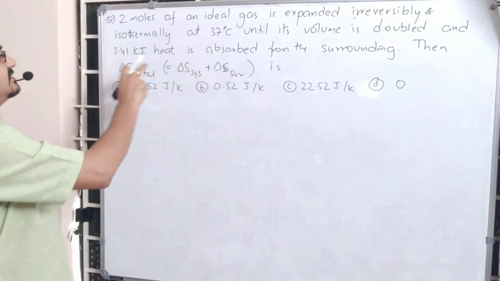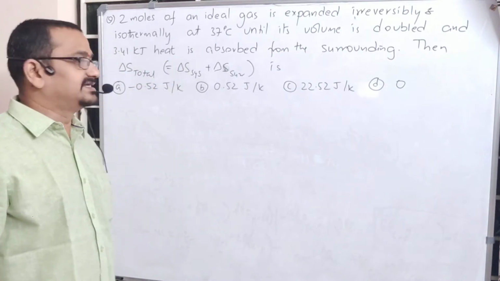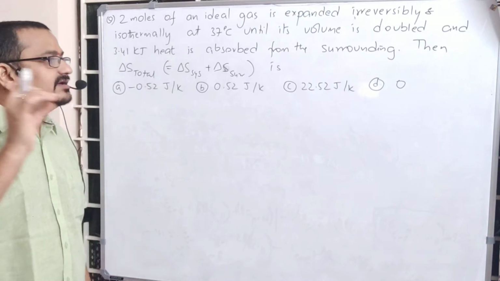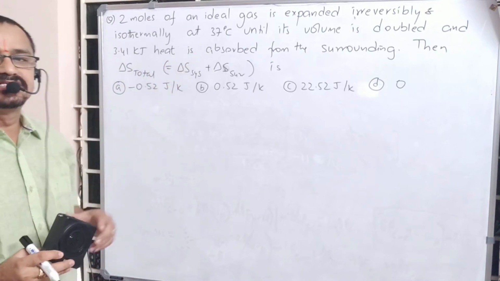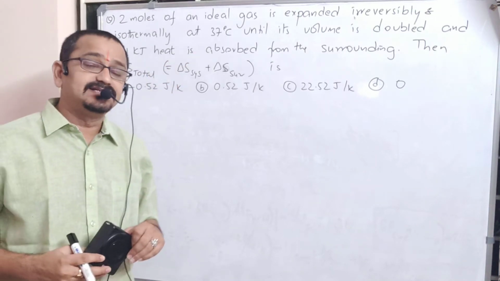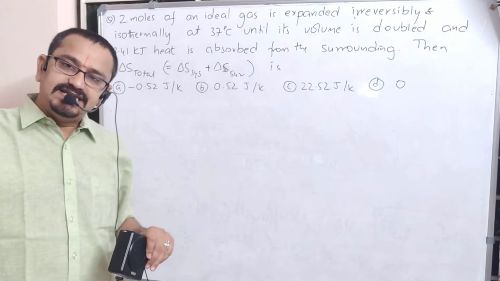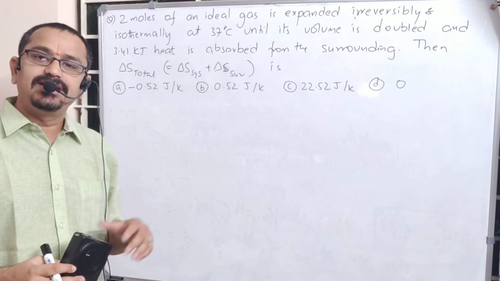And this many kilojoules of heat is also absorbed from the surroundings. See, point to point we have to notice, very keen observation is required here. Heat is absorbed from the surroundings means the surroundings' entropy decreases, so the entropy change of the surroundings will be negative.